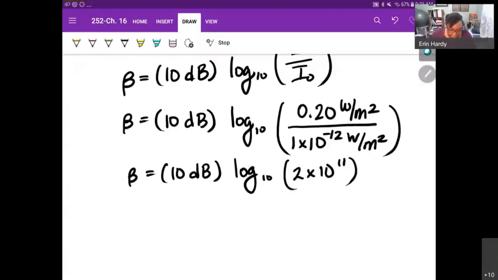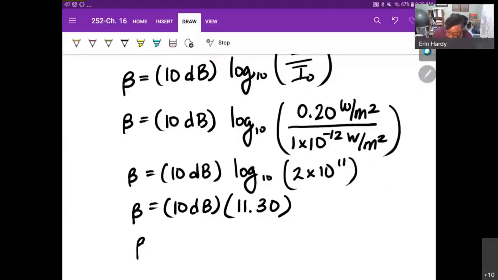If I take the log of that value, it's going to be 10 decibel times 11.30. So all we have to do now is multiply this. We get 113.0 decibel.